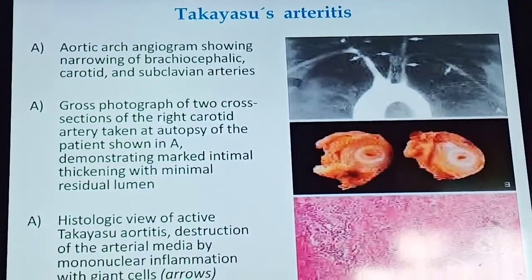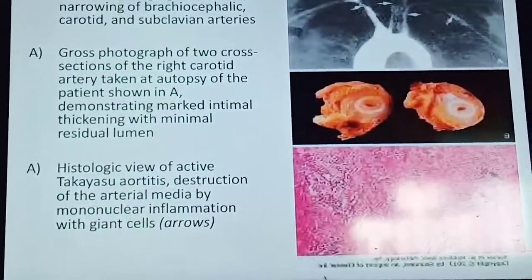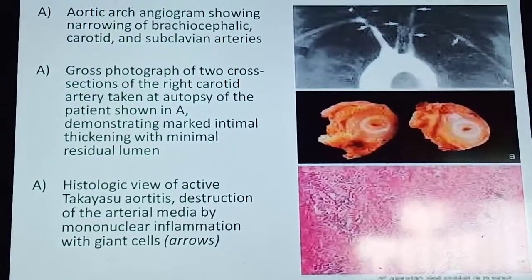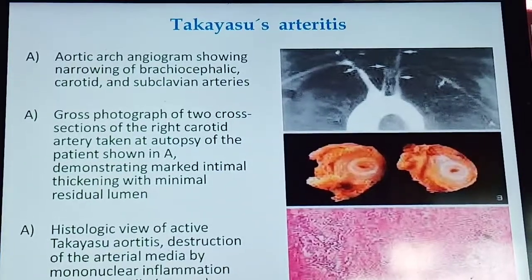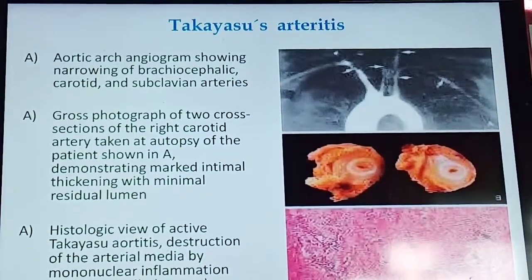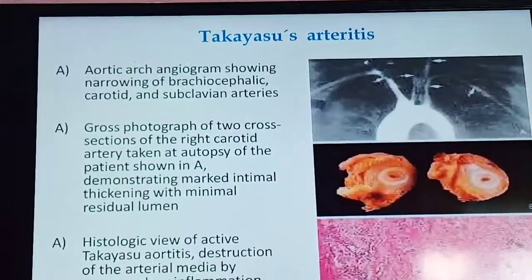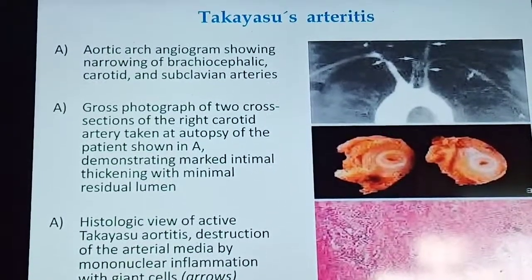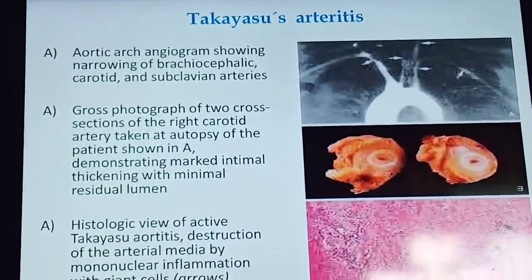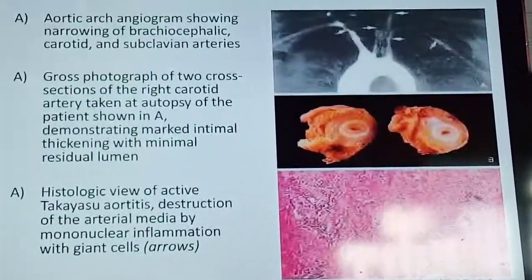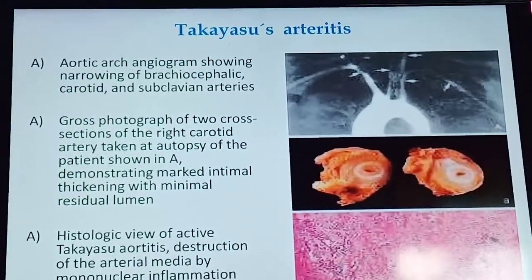Now the gross and histological picture. In diagram A, there is an aortic arch angiogram that shows narrowing of the brachiocephalic, carotid and subclavian arteries. In diagram B, there is a gross photograph of two cross sections of the right carotid artery taken at autopsy of the patient shown in diagram A, demonstrating marked intimal thickening with minimal residual lumen.